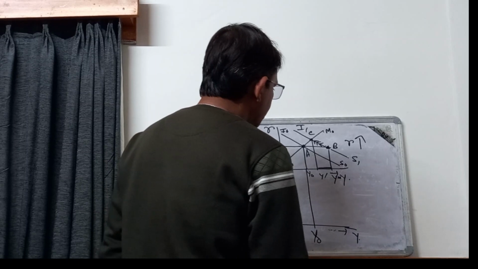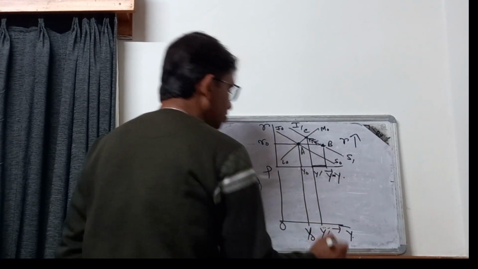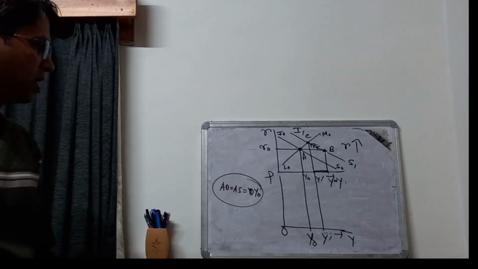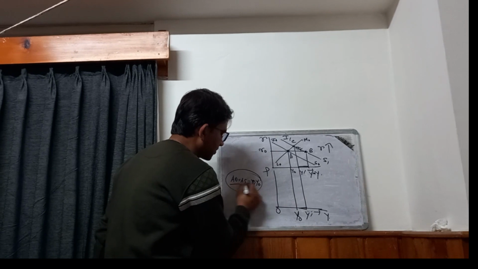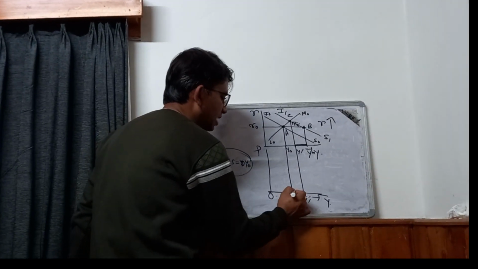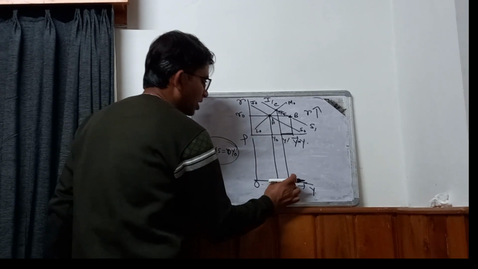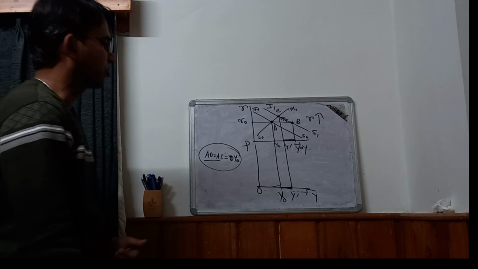We mark this Y dash, the new aggregate demand. Aggregate supply is right now OY0 and aggregate demand is OY dash, so Y0 Y dash indicates the excess demand in the economy.